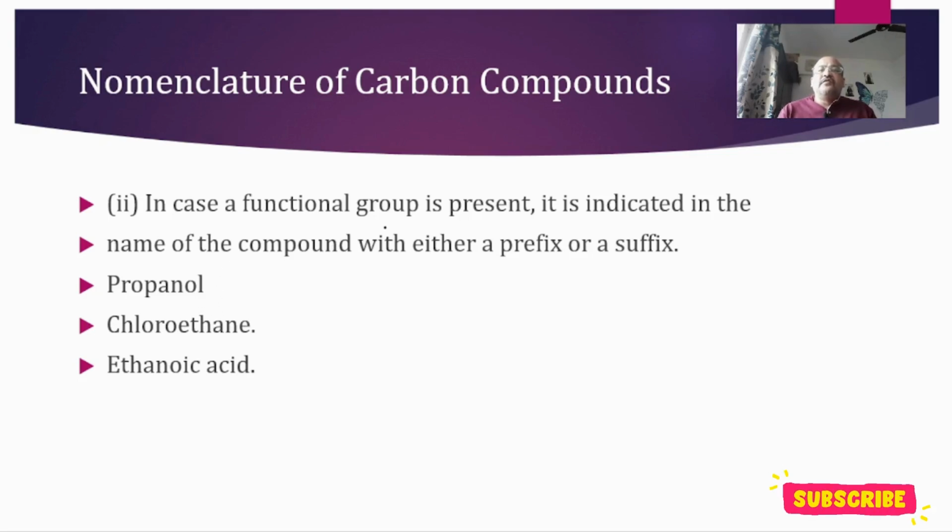Now, in case a functional group is present, we all know what a functional group is, like your halogens, your hydroxyl, your ketone. We have studied all these things. So these are the functional groups. In case a functional group is present, it is indicated in the name of the compound with either a prefix or a suffix. What do you mean by a prefix?